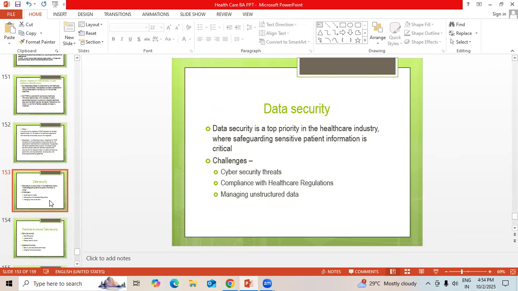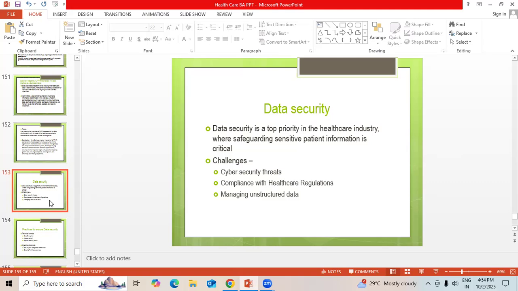Majorly, when we try to understand healthcare organizations, when they want to modernize their data systems, they need robust data security measures, which must be non-negotiable, to protect sensitive patient information from any breaches and at the same time ensure compliance with data protection regulations.